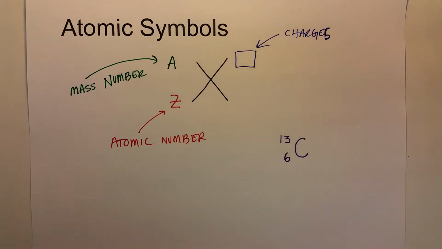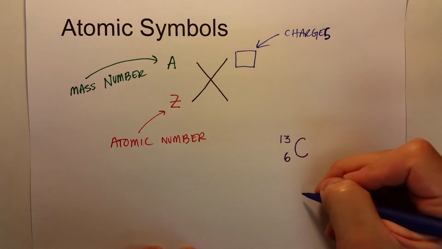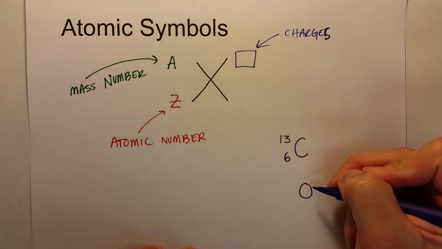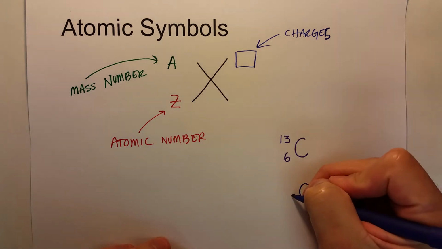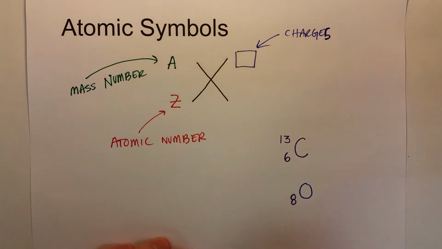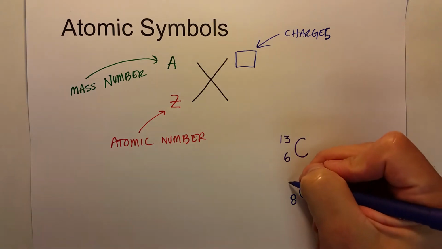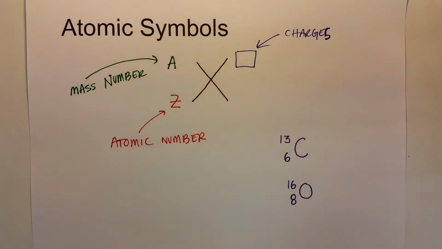Say, for instance, we wanted to talk about oxygen. Oxygen happens to have 8 protons, and most oxygen atoms also have 8 neutrons for a mass number of 16.